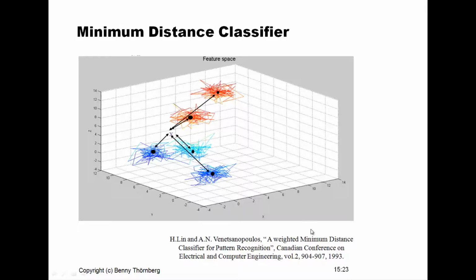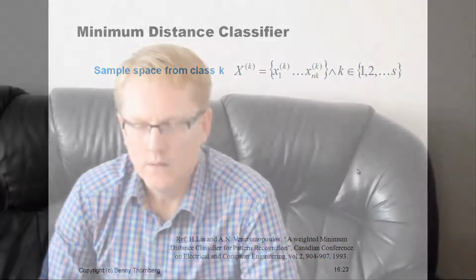I have also included a reference here that you can search for on the research databases and read more about the minimum distance classifier. I'm also planning to give you a formal description of the computations being performed in this classifier.